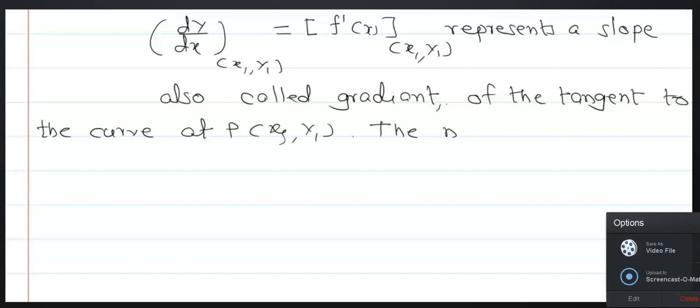Therefore, to find the tangent to the curve at a given point, we first differentiate the equation and find the value at that point x1, y1. That way you will get the slope or the gradient at that point, and you can find the equation of the tangent to the given curve.